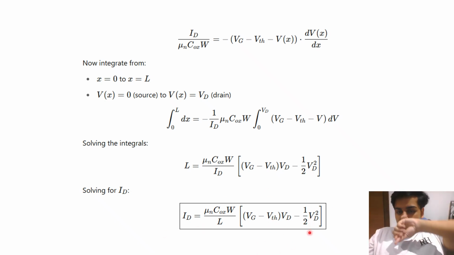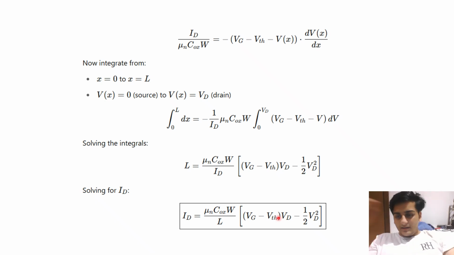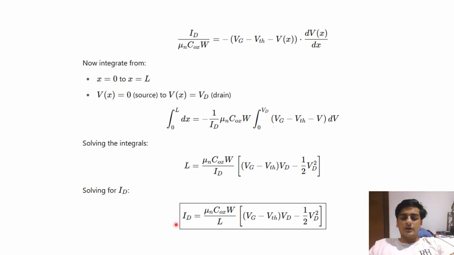Now, a few caveats I want to mention. This is only valid when your gate voltage is more than your threshold voltage. That's the first caveat. The second caveat is that for a given gate voltage, you have one curve that you can draw between the drain voltage and the drain current. By the way, don't get confused by the names.